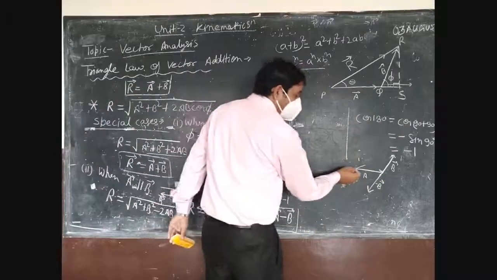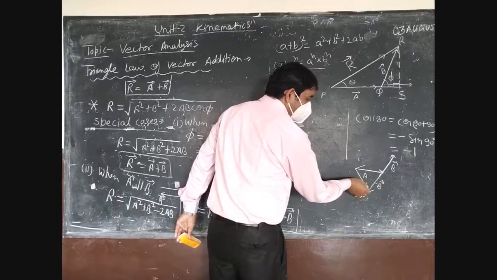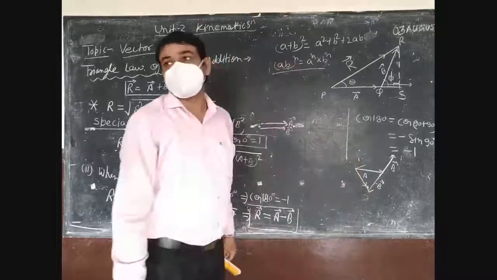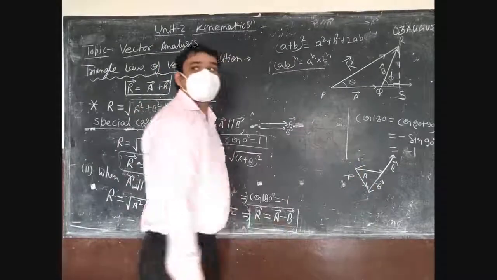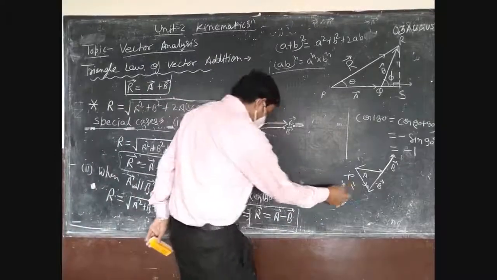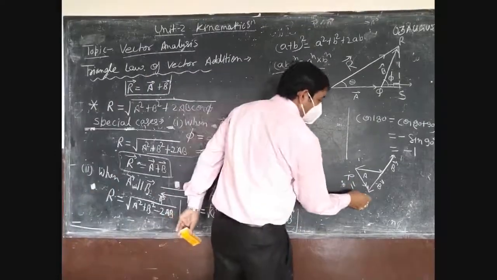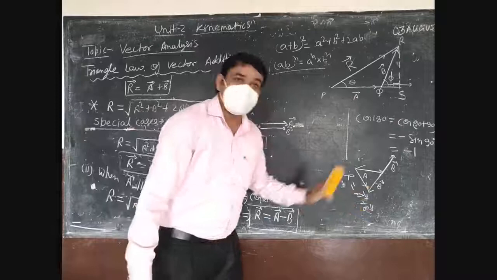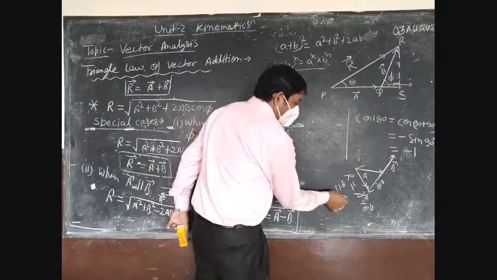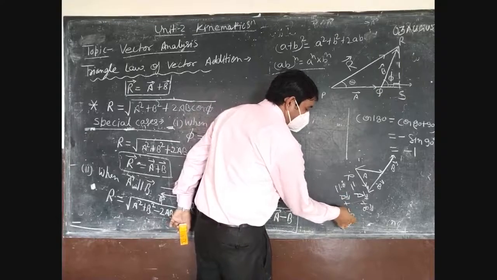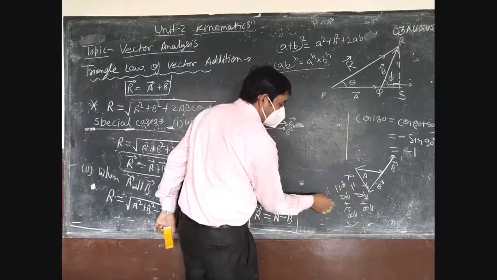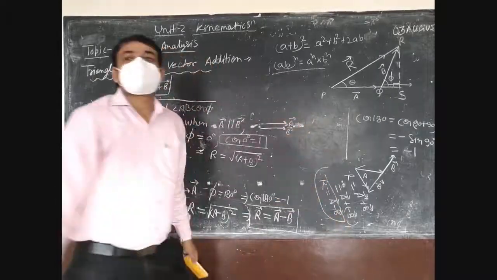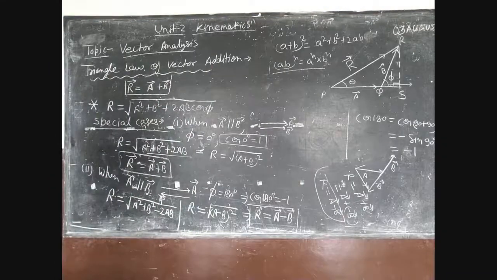Now you have to use this third side in opposite order, and the resultant is taken in opposite order. So this will become the resultant, and now again the same formula is used, vector A plus vector B, but the value of vector B is negative, so you get vector A plus minus vector B. Now this will come as vector A minus vector B. This is how you subtract the two vectors. Understood? Okay.